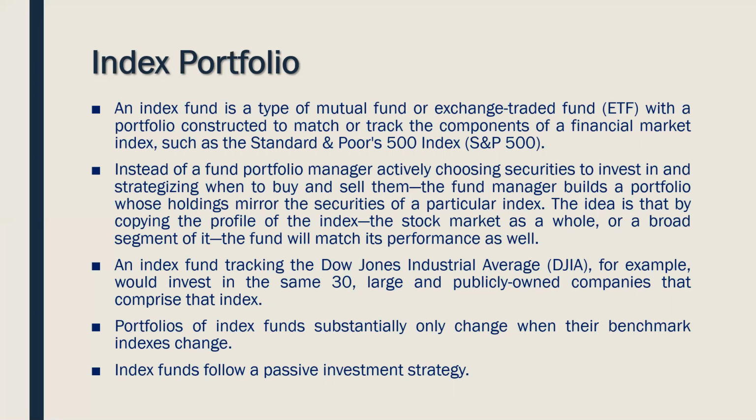If some securities have been removed from the market index, then we will remove them from the portfolio also. So if your index fund is tracking the Dow Jones Industrial Average, another famous market index, for example, it would invest in the same 30 large and publicly owned companies that comprise that index. It consists of 30 companies. We will also invest in the same 30 companies.